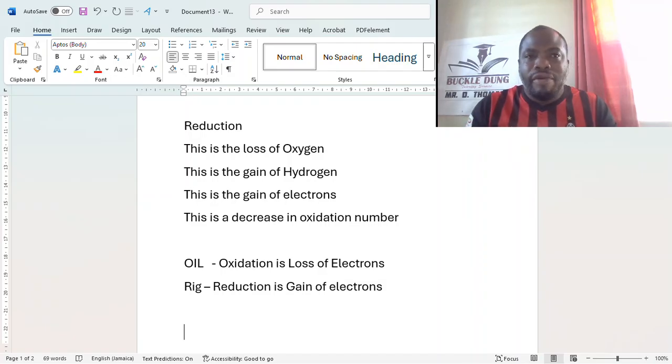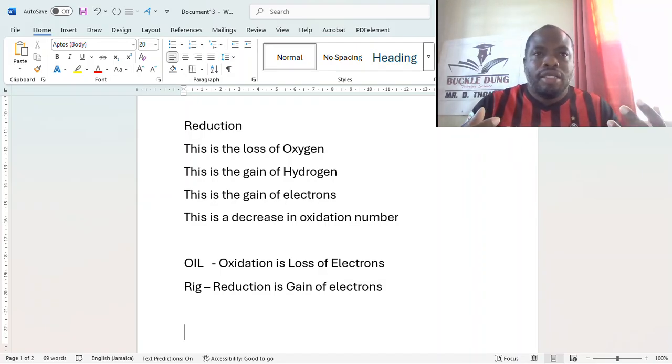When a metal reacts with an acid, you get a salt and hydrogen gas. So you're going to have those different compounds within the chemical reaction.